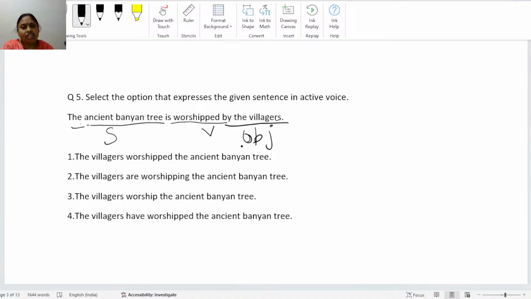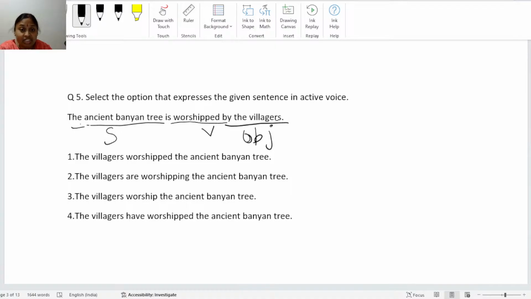Whenever we are interconverting the sentences, the object will be replaced as a subject and the subject will be replaced as an object. So here, villagers will come first. And the subject, whatever is there earlier in the question, the ancient banyan tree, that will become the object.